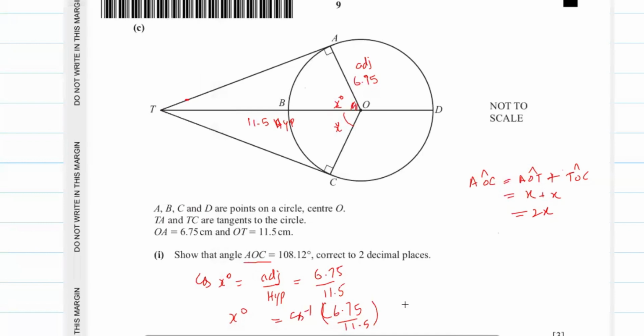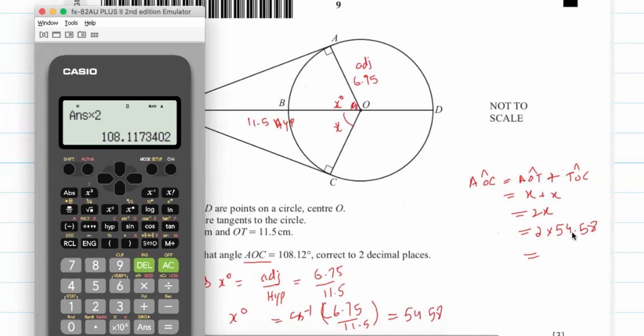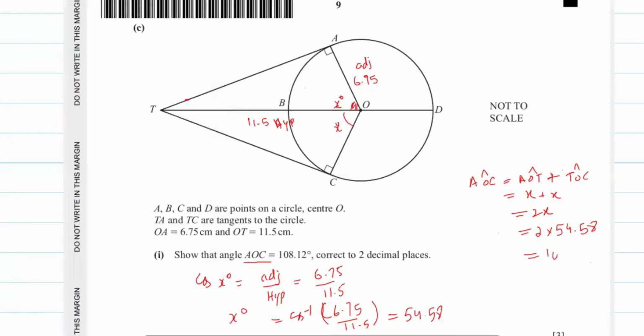We write here 54.58, and this we multiply by 2. 54.58 times 2 will be equal to 108.117. We can write 108.12. This is the answer, and hence it is proved that the angle AOC is equal to 108.12.